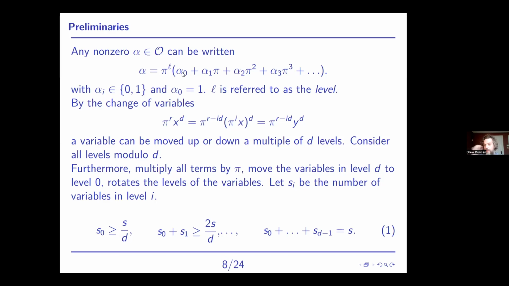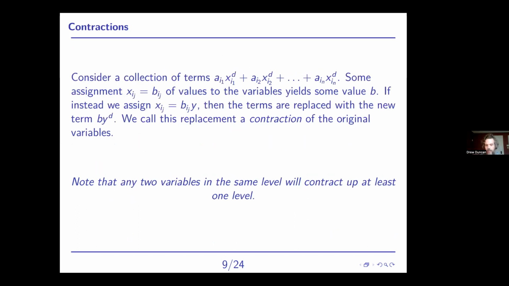Now remember that 2 is represented by pi to the e times some unit, which means that term gets moved up, depending on what e is. And so this will now be 0, and a higher power of pi can be divided out of this. And so this new variable is at a higher level. So if we contract any two variables on the same level, we will go up at least one level.